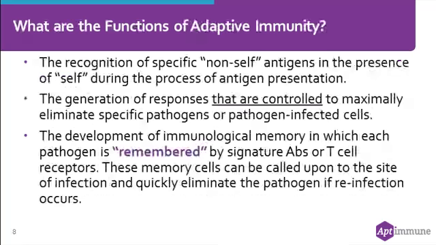What are the functions of adaptive immunity? Well, it's mainly to recognize non-self from self during the process of antigen presentation, because you want to avoid autoimmunity, which is not beneficial for us. So what an adjuvant does is to provide a composition of what we call microbial associated molecular patterns.